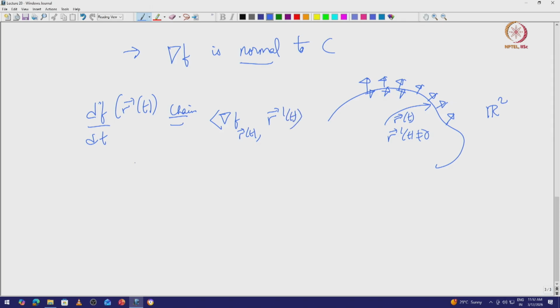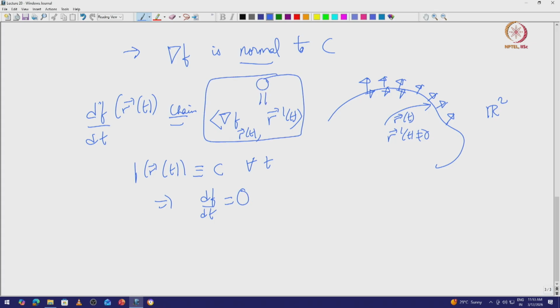But f of r of t is identically equal to c for all t, which means df dt is 0. So this is equal to 0 for all times, and therefore this gradient is actually perpendicular to the velocity, right? Okay, that's one point.